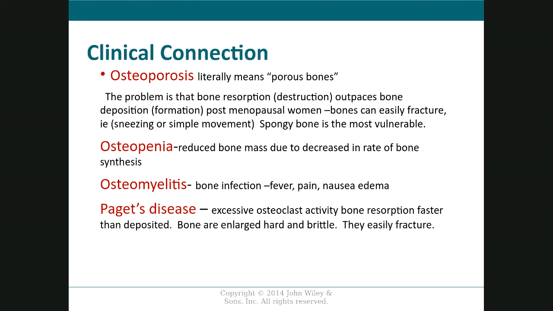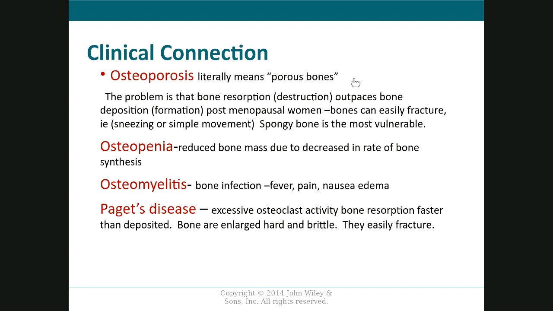Some clinical connections associated with this: one common one, especially in postmenopausal women, is called osteoporosis. That means porous bones. Postmenopausally, females are no longer producing as much estrogen as in the past.